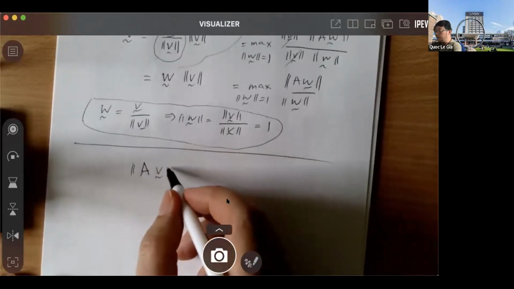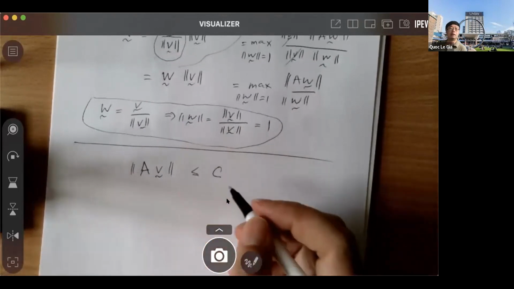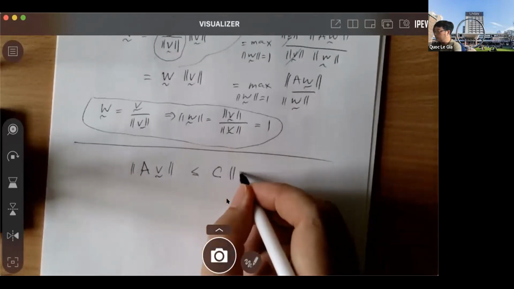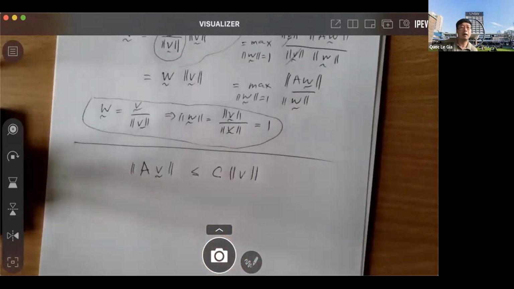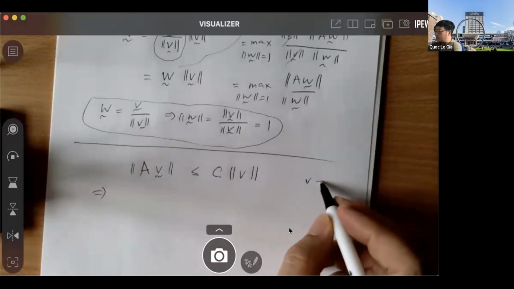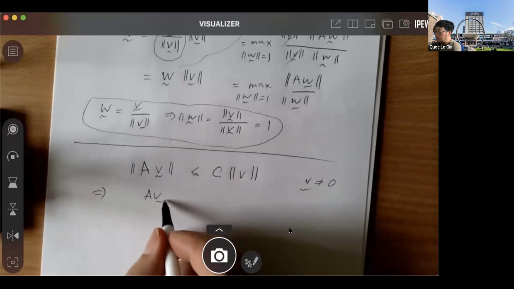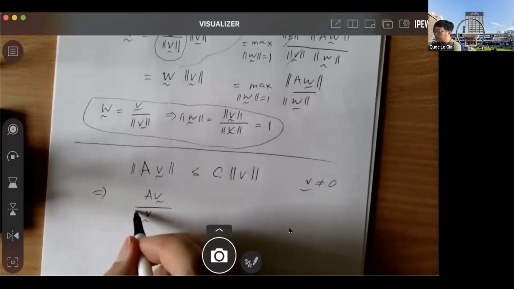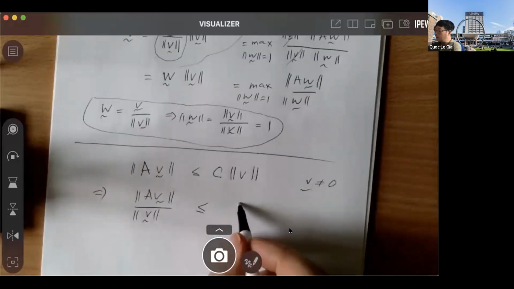Take the norm, less than or equal to C times the norm of V. Then now you can divide it by the norm of V, assuming that V is not a zero vector. So the norm of AV over the norm of V is less than or equal to C.